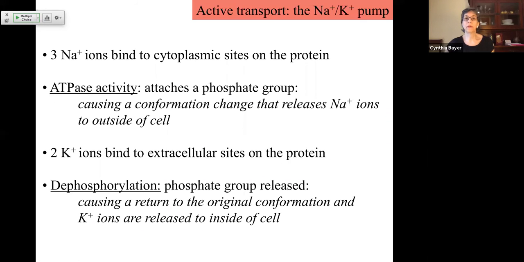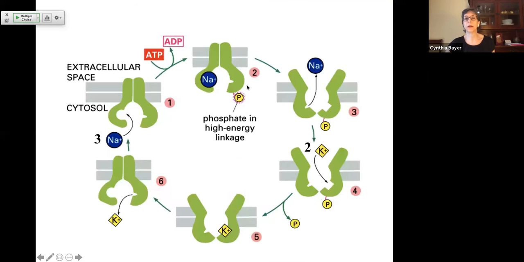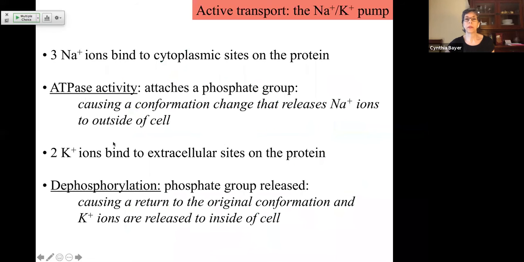This sodium potassium pump is actually an ATPase, meaning it will hydrolyze ATP, and transfer a phosphate group from ATP to itself, which causes another change in its shape. That shape change will then allow two potassium ions to bind from the extracellular side.